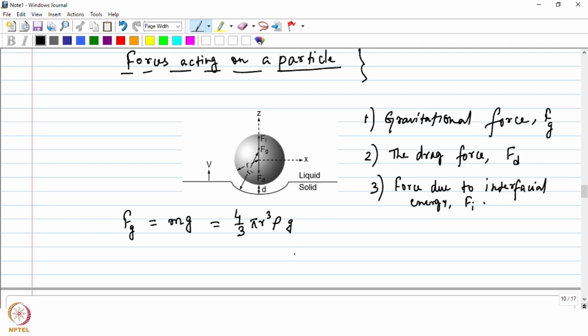And since we are talking about a relative motion between the particles and the molten metal, here instead of rho you will have the difference of the densities, delta rho. Okay.